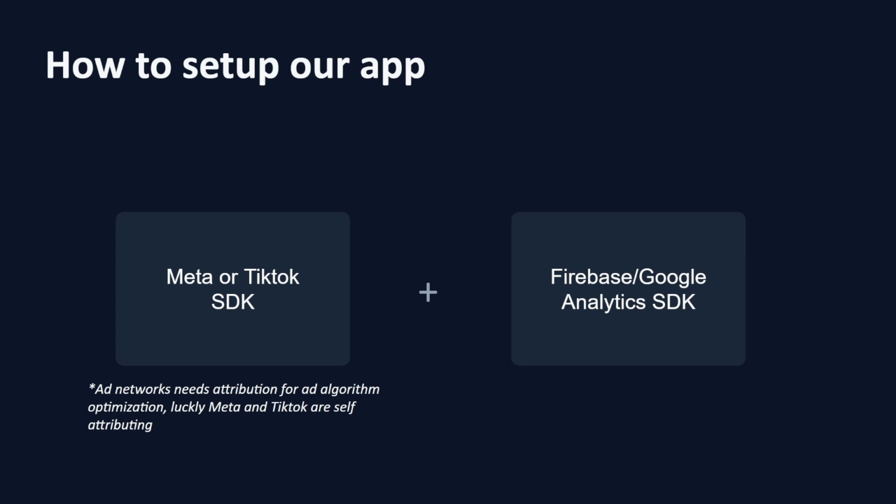So if you have the Firebase SDK or Google SDK in your app, you can see usage data in AdSite even now. But if you have both the Meta and TikTok SDKs and the Google Analytics SDK, you can even start an ad campaign and attribute and see results of your ad campaign for free.